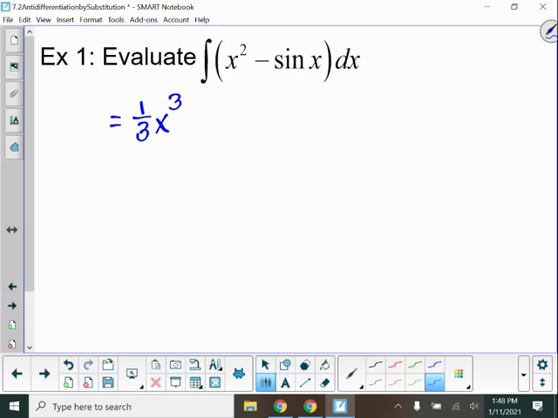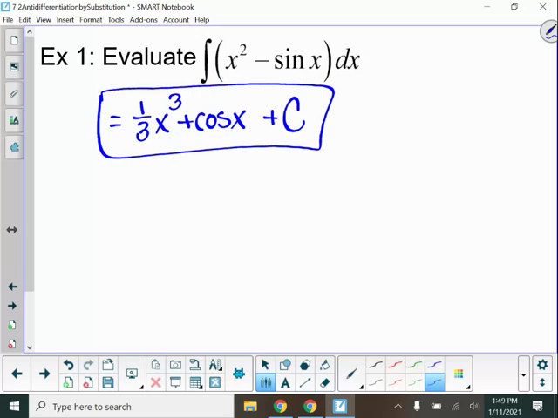And then minus sine of x: the function that would give us a derivative of minus sine is plus cosine. And then we put the plus C on the end. You can go back through and take the derivative here and make sure that you get what you started with. It doesn't give us any initial point that the function has to pass through, so there's no way to find C. So this would be our correct answer.